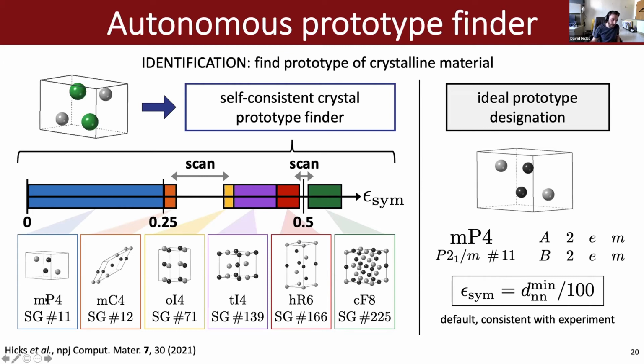So for tighter tolerance values, you might find this prototype classification, while for looser, you might observe higher symmetry classifications. And so AFLOW can do this automatically and find a self-consistent prototype given an input structure. And we find all of these important designations, and then we can classify the prototype structure. And we found, consistent with experiment, that this symmetry tolerance typically matches with experiment the best.